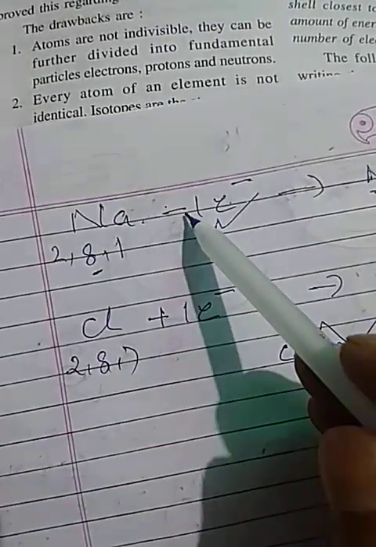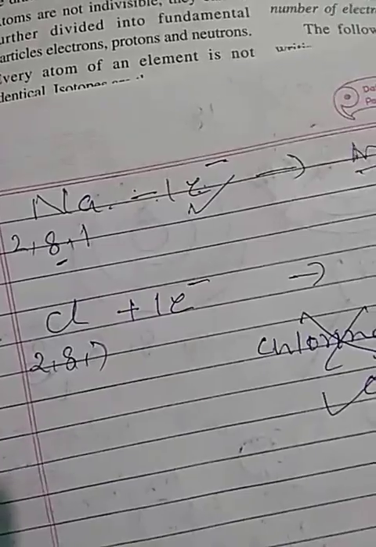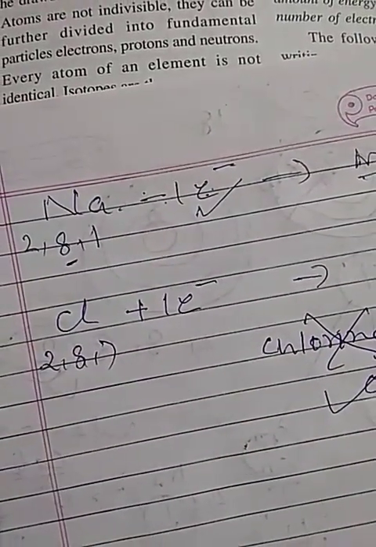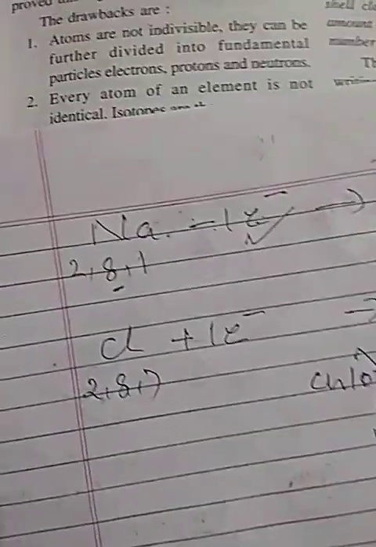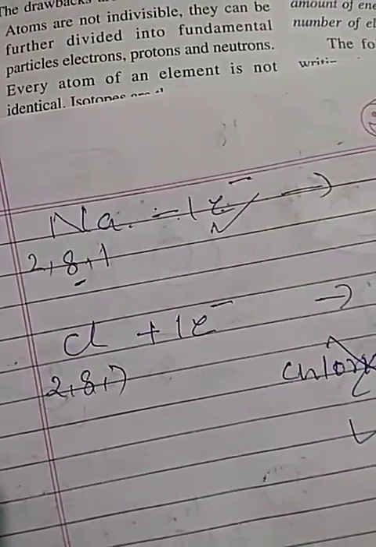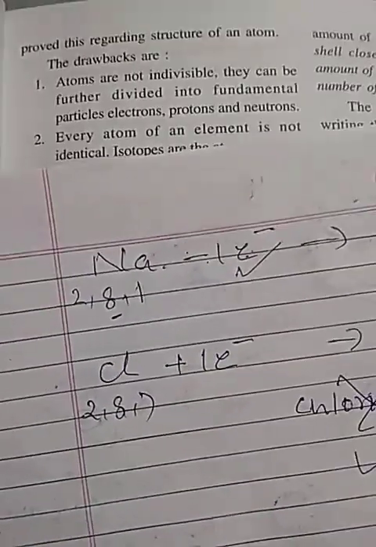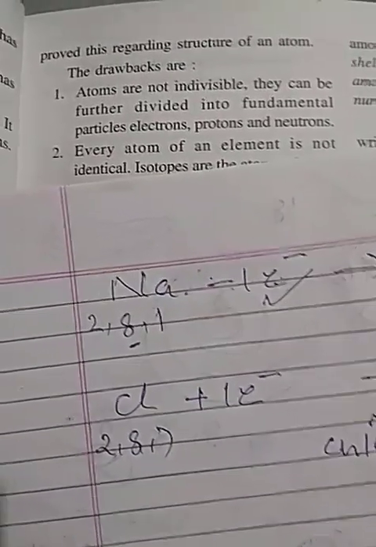Like here we have divided, we have separated electrons, and when we go to the higher classes, in class 10, we will see that not only electrons but protons or neutrons can also be removed from an atom.